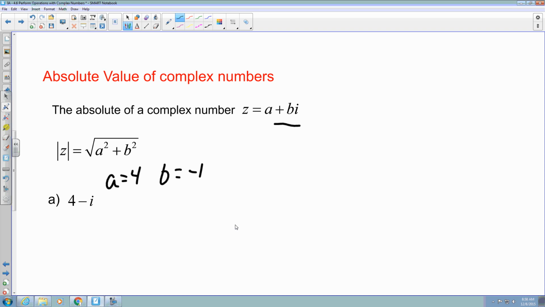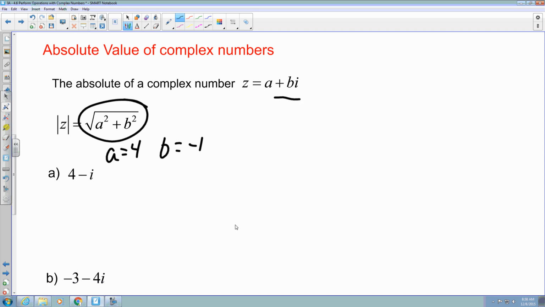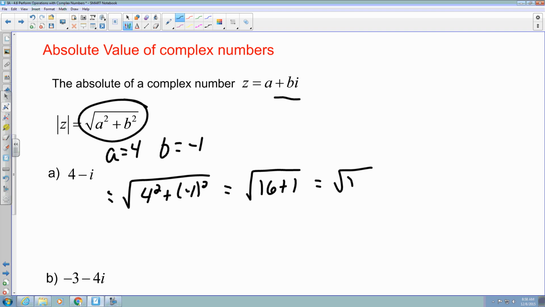So you're just going to plug those into this formula. It's going to equal the square root of 4 squared plus negative 1 squared. 4 squared is 16. Negative 1 squared is 1, which gives us the square root of 17.